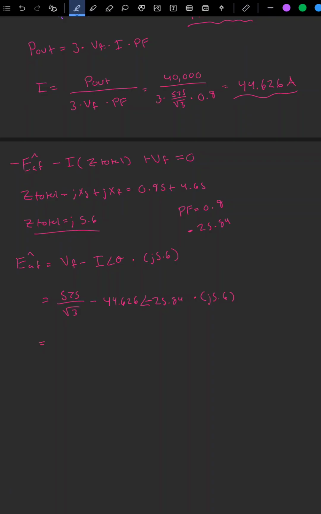Multiplied by 5.65. So in this one, our EAF is going to equal 316.77 phase, negative 45.24.